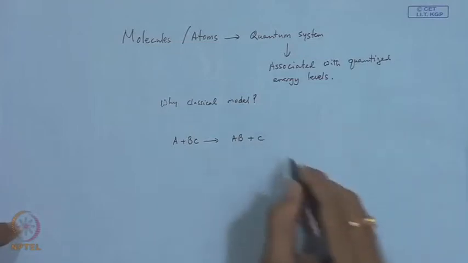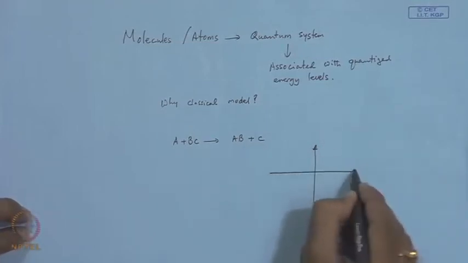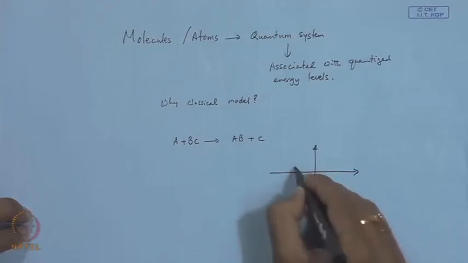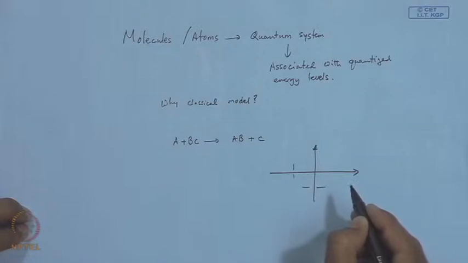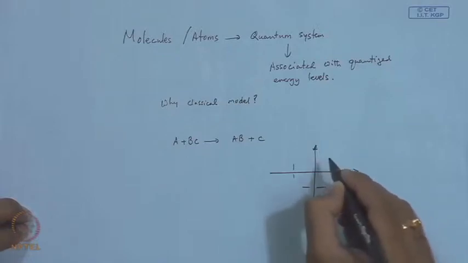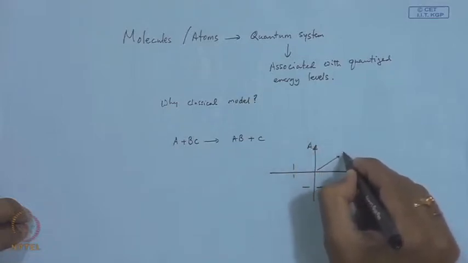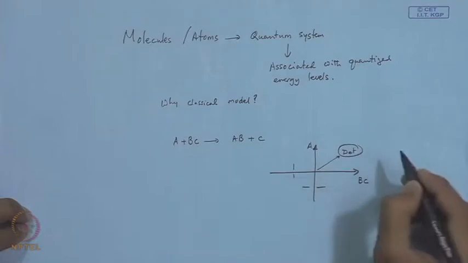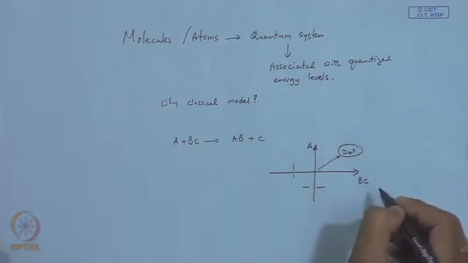So, in that case you have two beams, one this way, another this way. Okay. So, this is your say BC, and this is your say A, and your detector is placed here, and it will change its orientation.